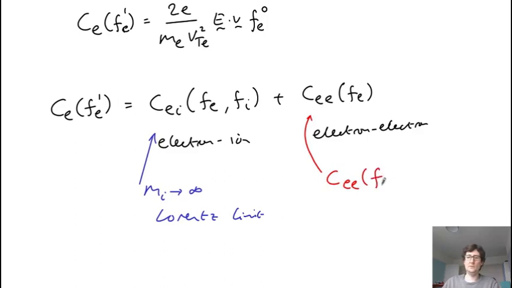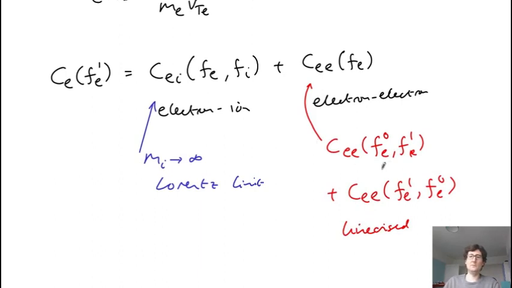So you assume that essentially you have the electron background colliding with the perturbed distribution function plus the perturbed distribution function colliding with the background, E0. So this is a linearized operator, which is assuming that this perturbation is small compared to the background.